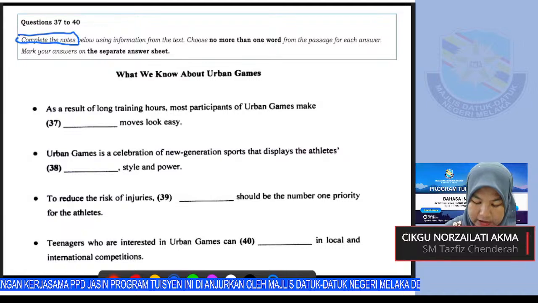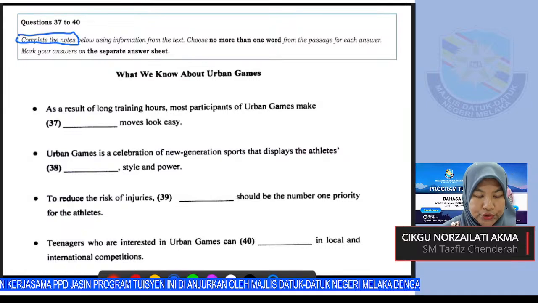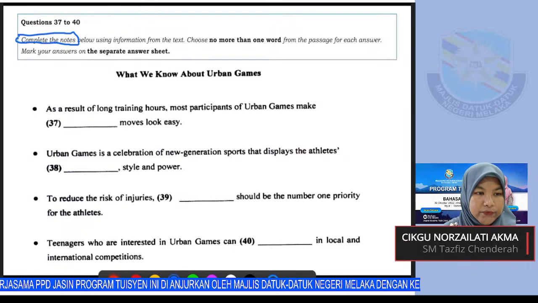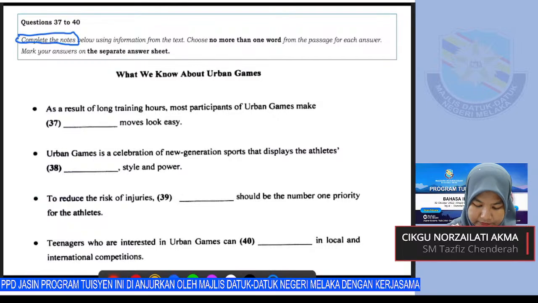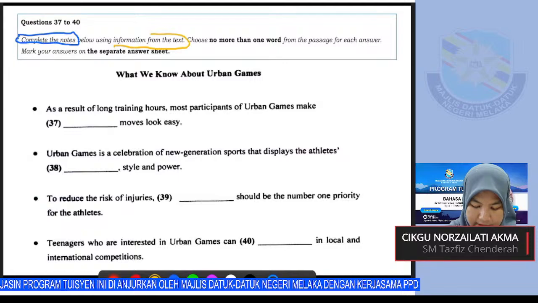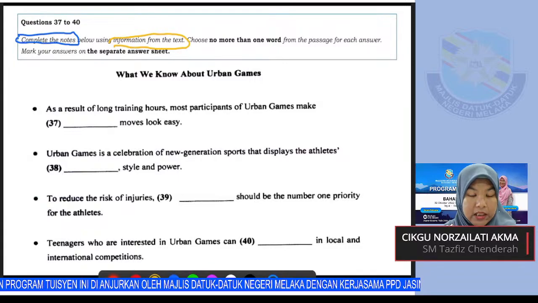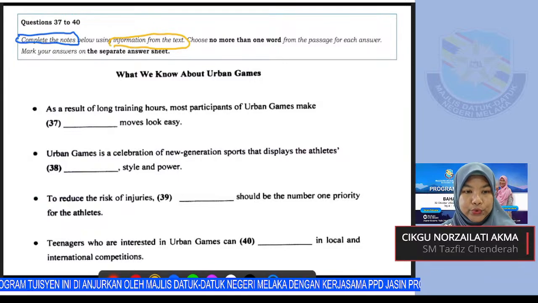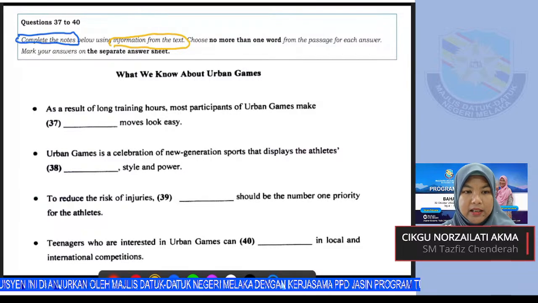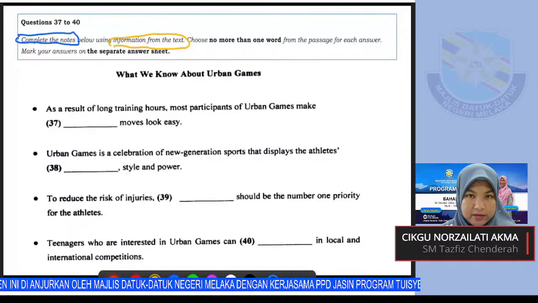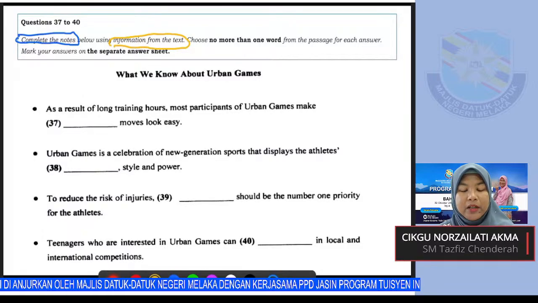As you can see in the sample question, it means that you need to fill in the blank by using information taken from the text. It is compulsory for you to take the answer from the text. The text refers to the statements from the teenagers just now.